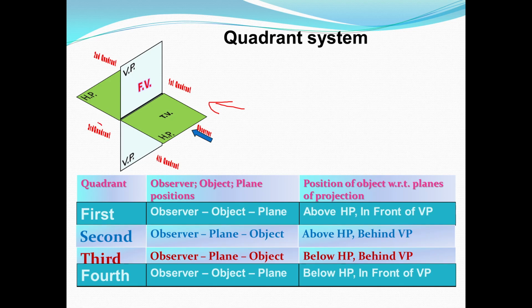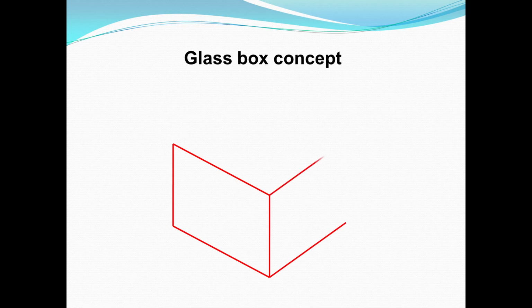If the object is in the third quadrant, we are looking from the top. The horizontal plane is a transparent plane, so you will get projections on the horizontal plane. As the planes are transparent, you can imagine a glass box. This is one side of the glass, and this is the box of glass.